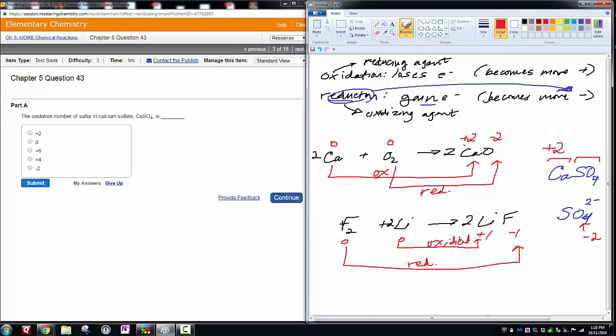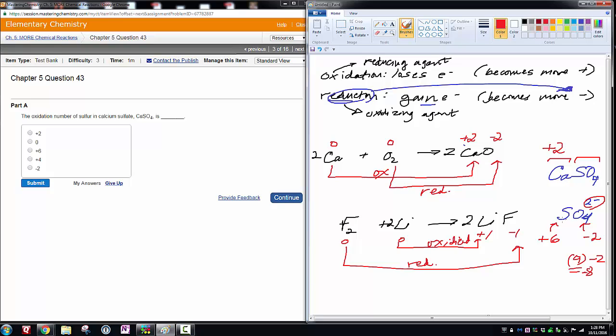Since there are 4 oxygen atoms, each at -2, that gives a total contribution of -8 for the so-called charge or oxidation state of the sulfate. Since I have 2- that are not accounted for, that tells me the sulfur has to be as if it were a charge, or oxidation number, of +6. +6 minus 8 gives me the overall charge of -2, because the sum of the oxidation numbers has to equal the charge.